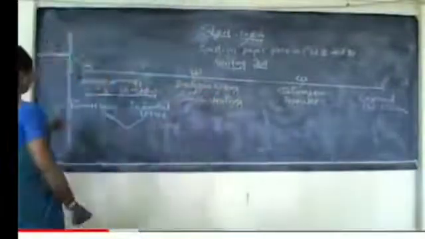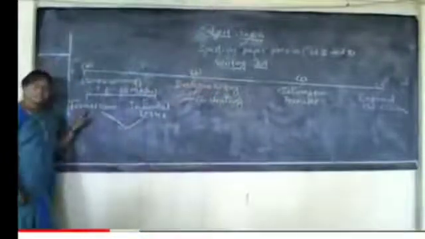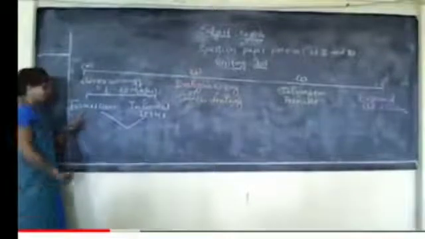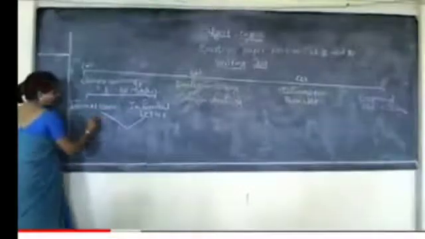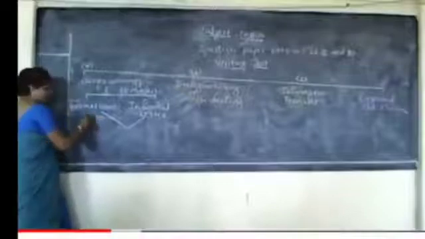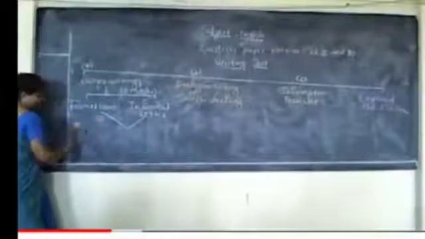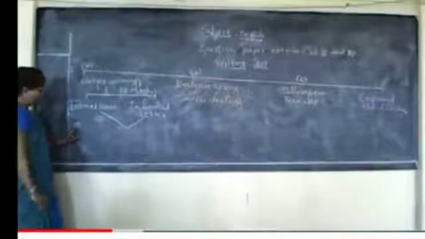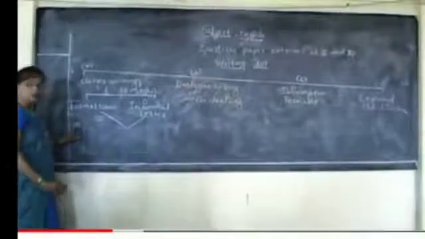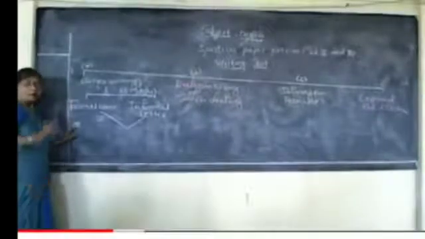Here you have to indicate recipient's address, isn't it? See, while writing formal letter, here you write your address, then here you write the receiver's address. It also carries half mark.